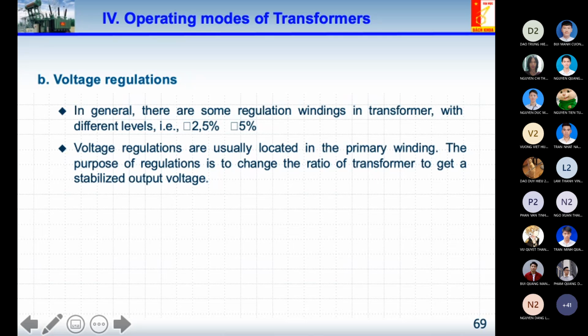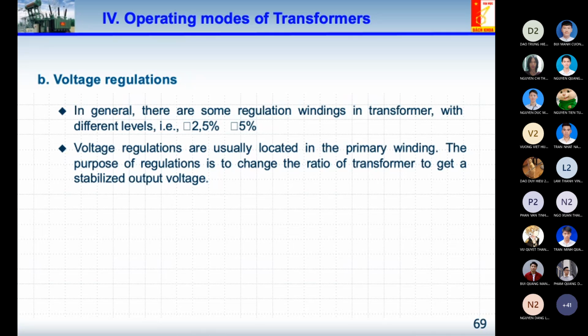It means that we can change the voltage level of the transformer, sometimes to minus 2.5% or plus 2.5%, or either minus 5% or plus 5%, depending on the state of the transformer connecting to the load.